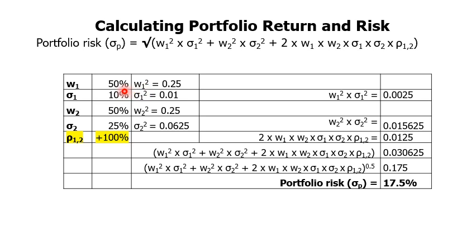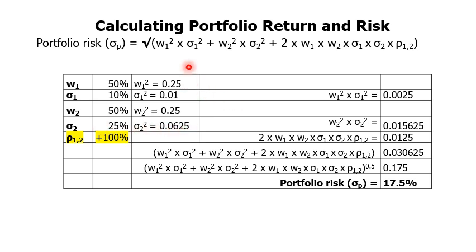If we square 50%, we get 0.25. If we square sigma 1, we get 0.01. If we square weight 2, we get 0.25 again. And if we square sigma 2, the standard deviation of the second security, we get 0.0625.